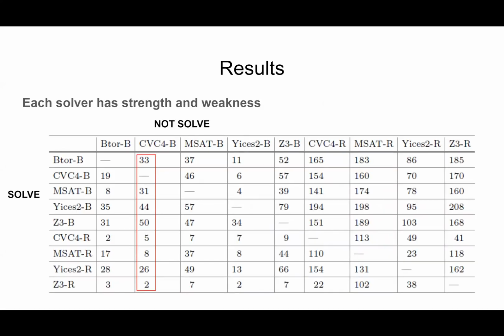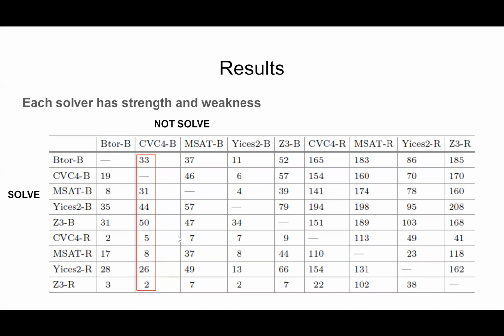The second result is that each solver has strengths and weaknesses. When we look at the red box here, the number inside the table is the number of benchmarks that can be solved by the row solver but cannot be solved by the column solver.